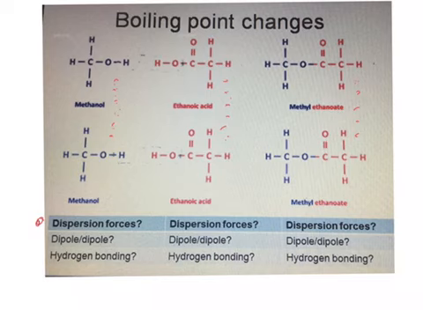For dipole-dipole, we need to have an electronegative element present and a positive and negative end.